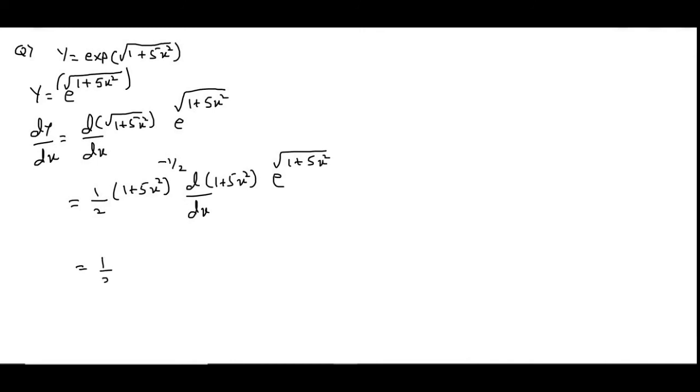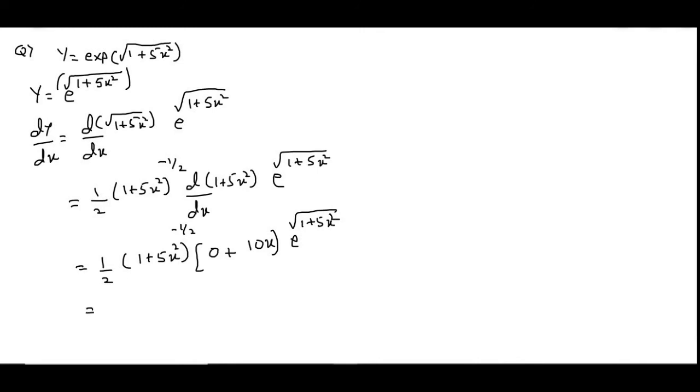So 1 over 2 into 1 plus 5x square raised to minus 1 over 2, and the derivative of 1 is 0, and here we have 10x e raised to power under root 1 plus 5x square.